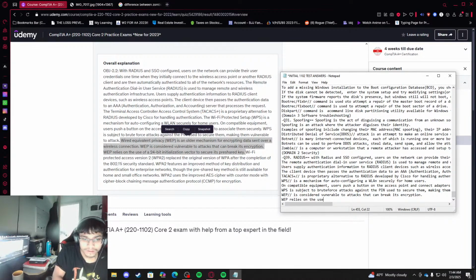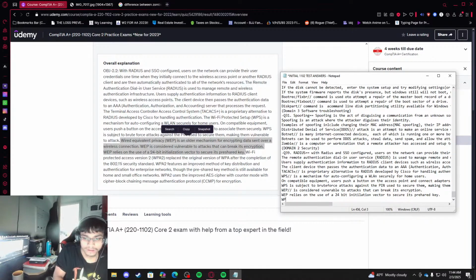Relies on the use of a 24-bit. WPA2. There's a lot to write in here.